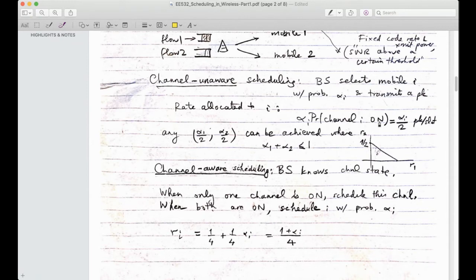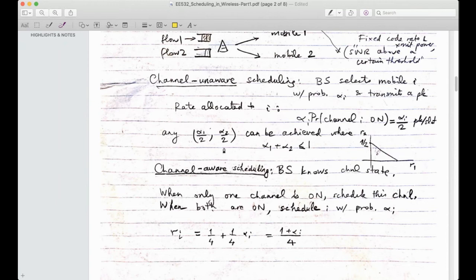So anyway, the channel is on with probability 1/2. So the average rate is alpha I over 2. By symmetry, the rates achieved by the two users are alpha 1 over 2 and alpha 2 over 2.